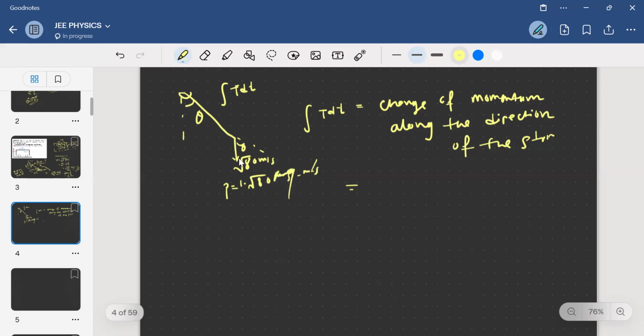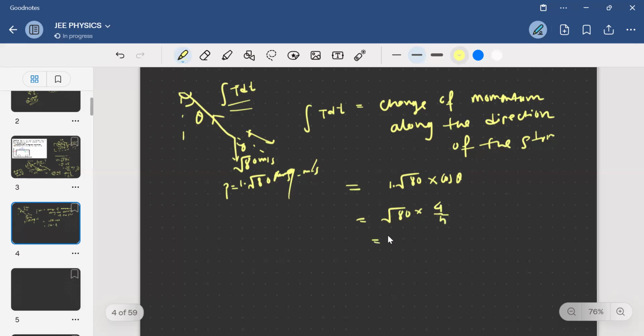Okay. Right now the component along the direction of the string will be consumed by this impulse. So this impulse is basically changing the momentum in this direction only. So the change in momentum in this direction is 1 into root 80 into cos theta. The value of cos theta, you already know from the previous slide, is 4 by 5.